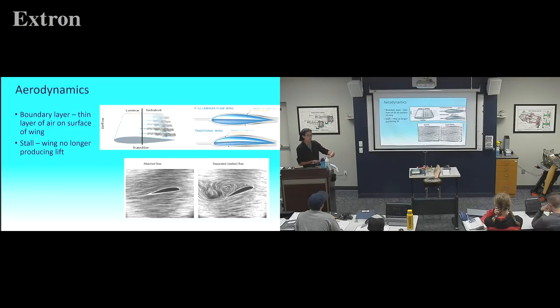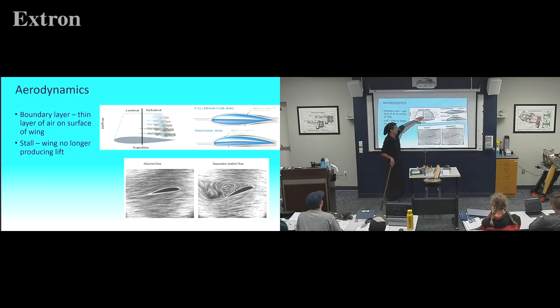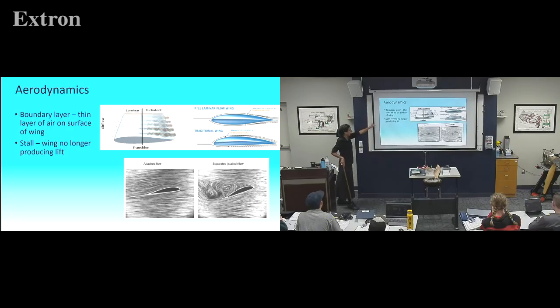Then there is what is called a boundary layer. So I talked a little bit about as air comes over the wing, we want that air to stay stuck to the wing and not get turbulent and depart the wing, because then lift goes bye-bye. So that's called the boundary layer, which is a thin layer of air on the surface of the wing.